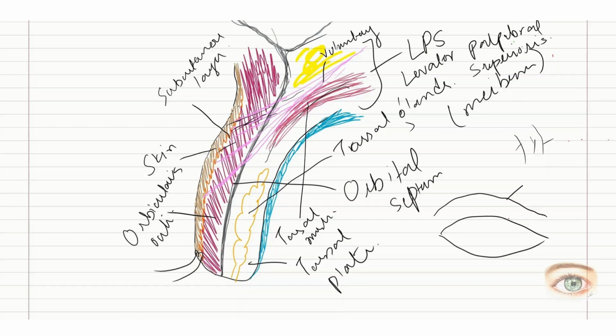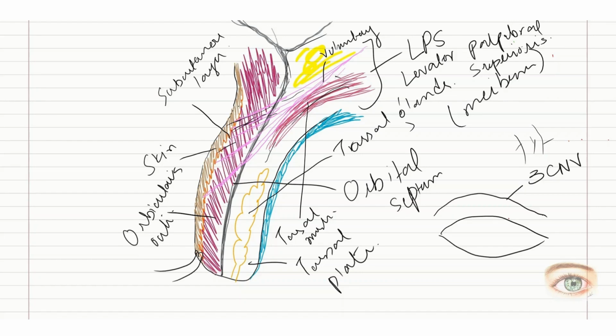And why do they do this? Because these muscles are responsible for the sympathetic innervation of the tarsal plate, right? They are also responsible for opening of the eyelid, right? And these muscles are innervated by the third cranial nerve, which is the oculomotor nerve.